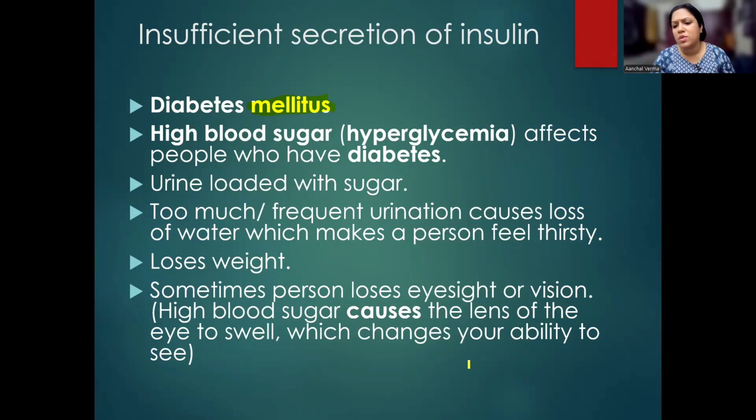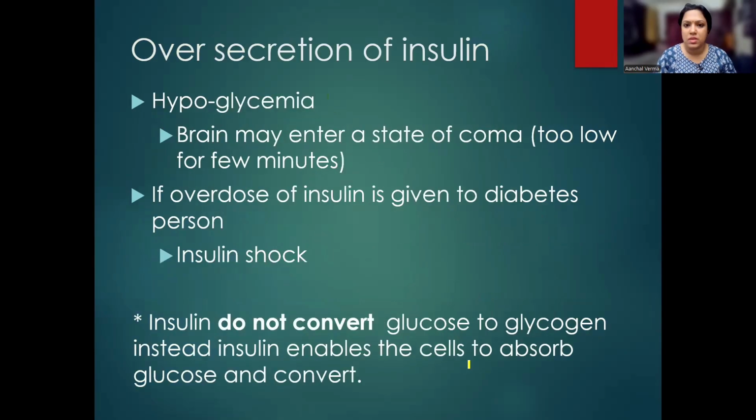You know what happens to the cell when it is placed in hypertonic solution and hypotonic solution. If your blood becomes hypertonic, then obviously the chances of the organs to fail or not work increases. So diabetes itself is not a problem, but whatever problem it causes in the body makes the person sick.